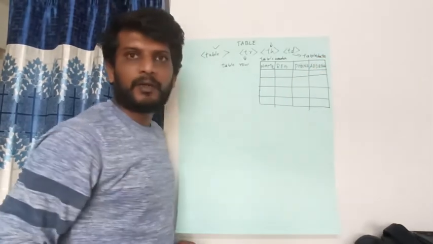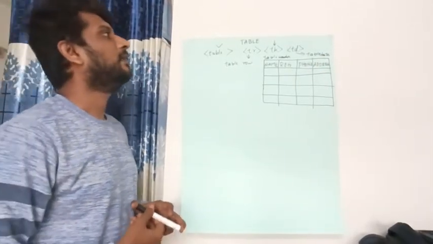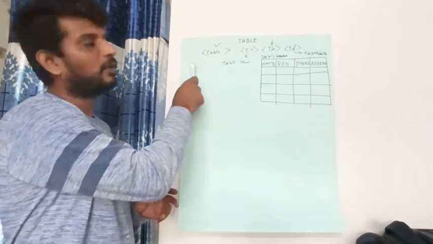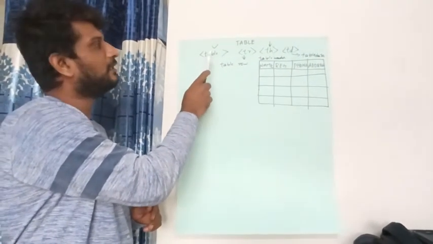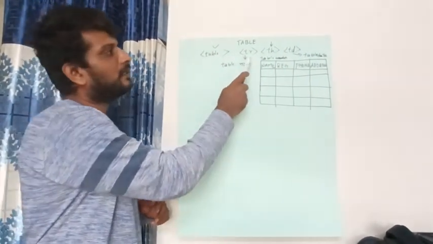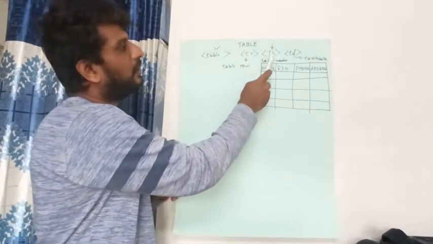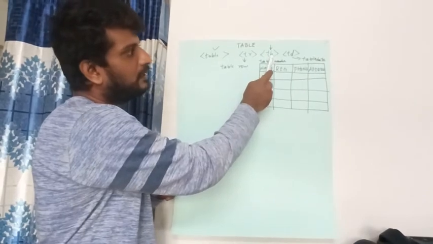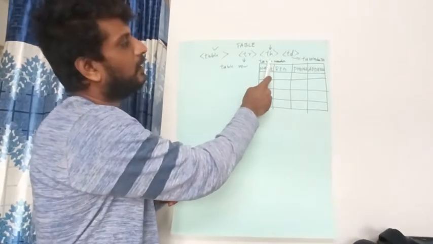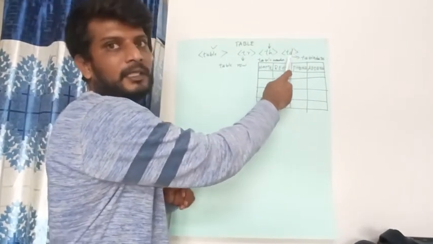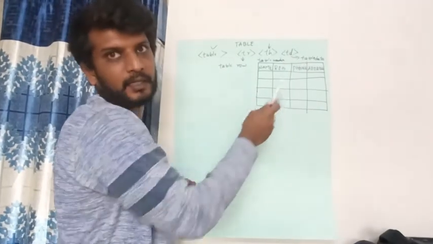So whenever you want to create a table, you need to make use of these 4 different tags.